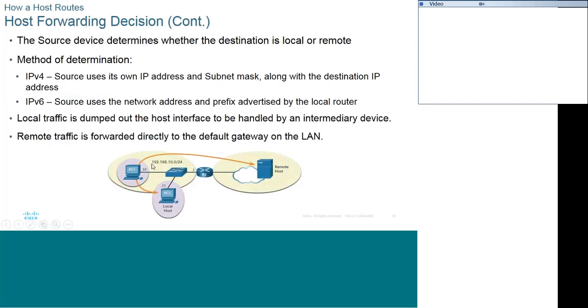Same range means only the last byte changes, because that is the host portion and the rest is the network portion.